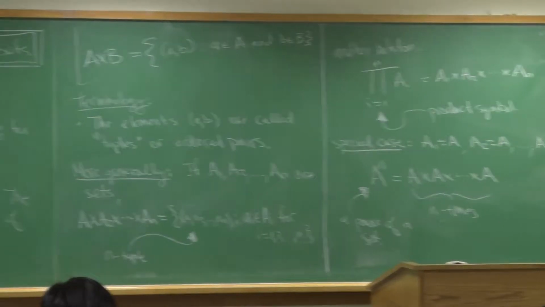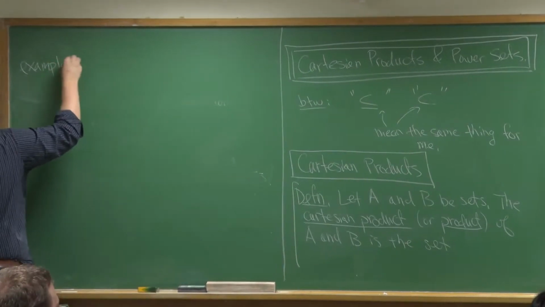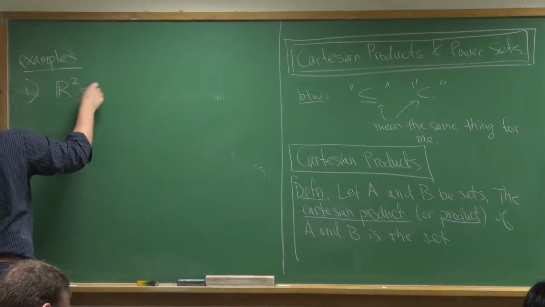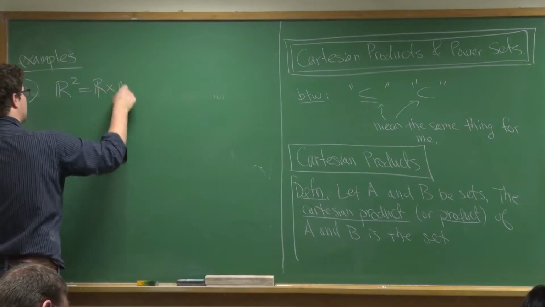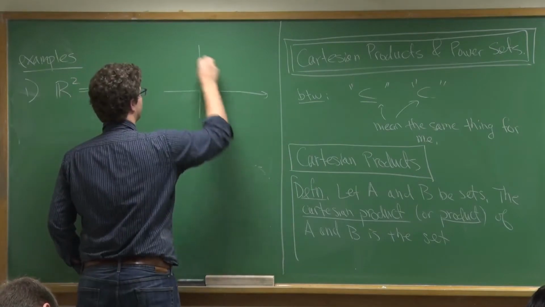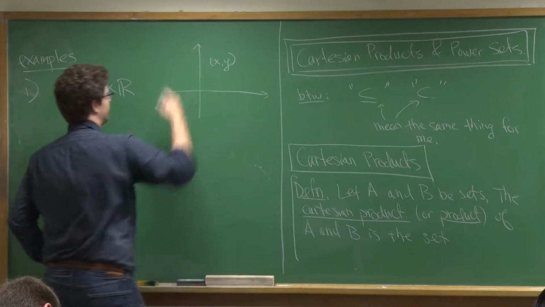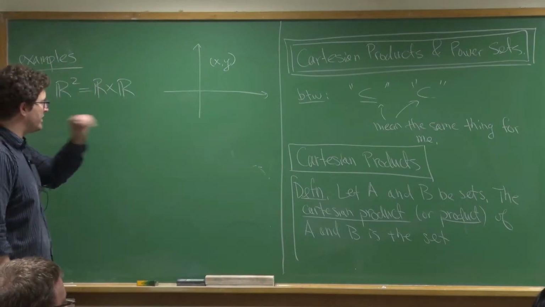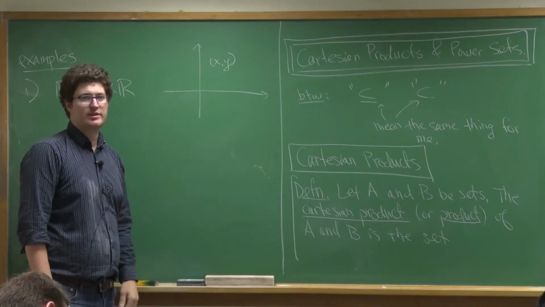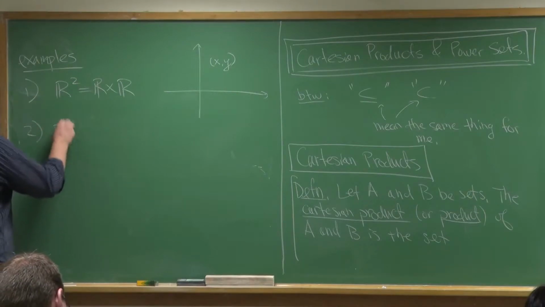So let's do examples. Examples of products. R^2 is R cross R. This is one that you guys are familiar with. Here we're just looking at the set of (x, y), where this is one copy of R and this is another copy of R. It's useful to visualize sets like this, thinking about it as two axes, when you take a product. You can do R^3.